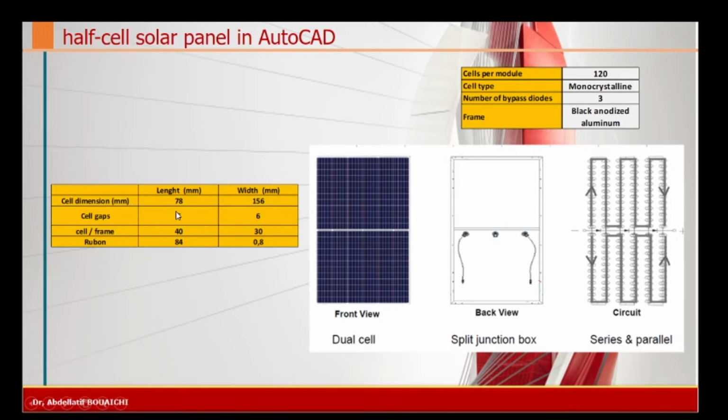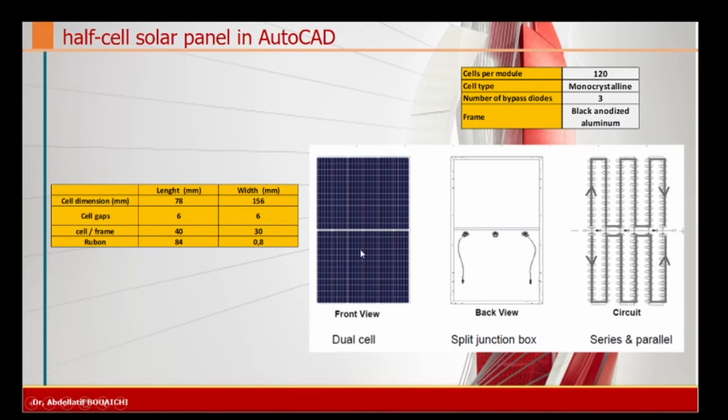This is the various dimension of the cell, the gap between the cell, the gap between the cell and the frame, and also the dimension of the ribbon. This is for the cell dimension. We are going to draw the solar cells with these properties. All the dimensions are in millimeters.